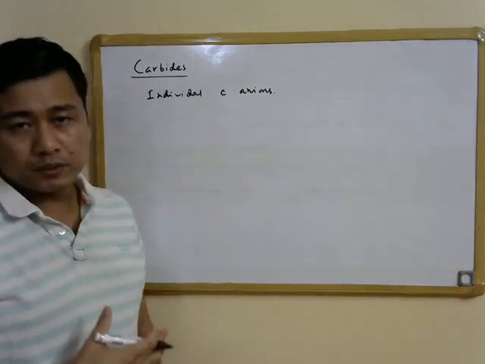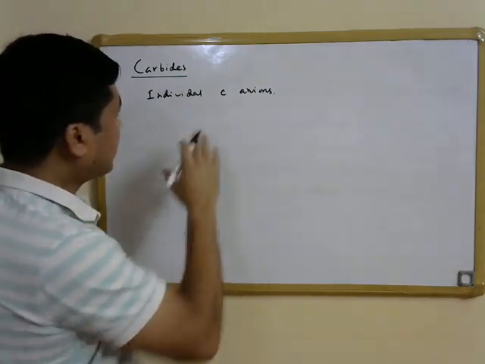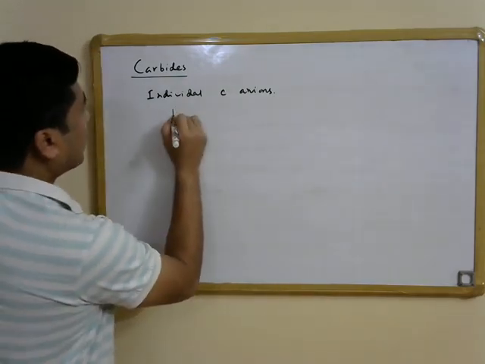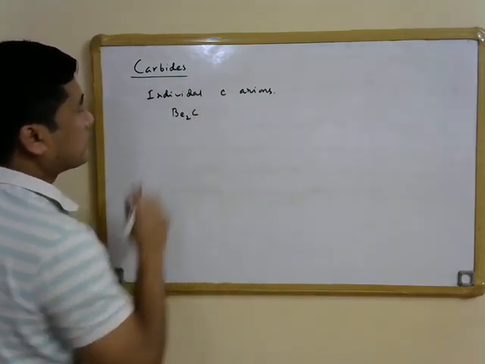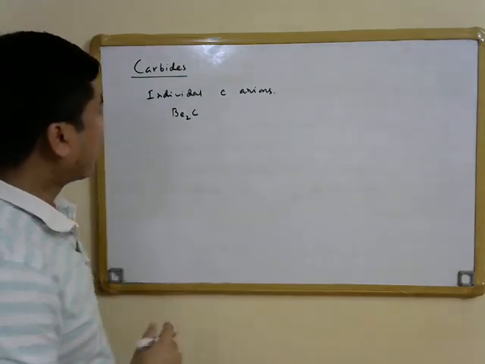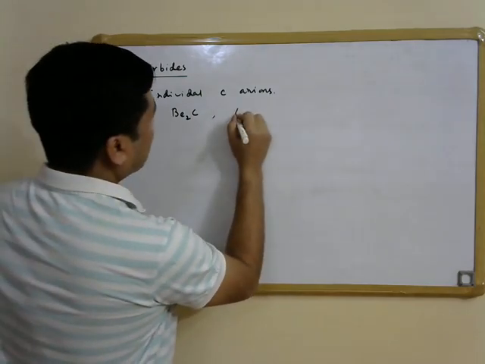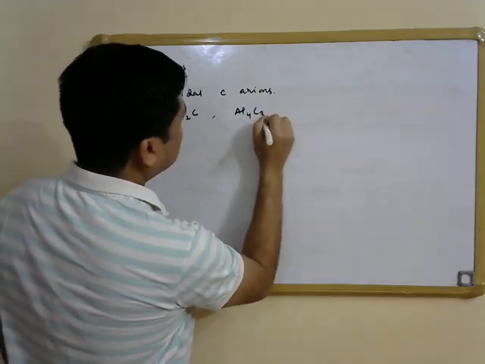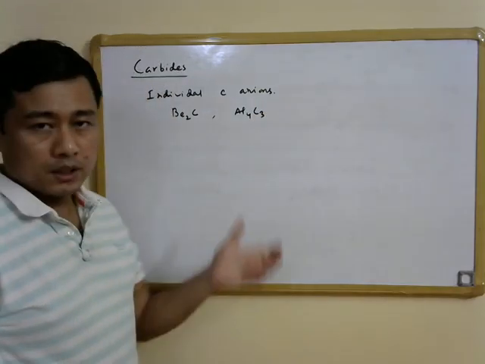We have examples of this type of carbide, that is beryllium carbide as well as Al4C3.